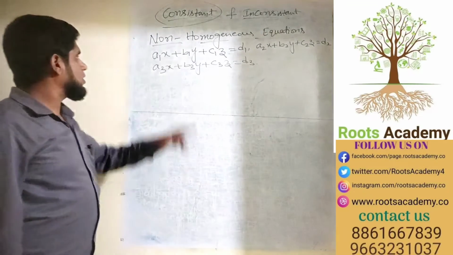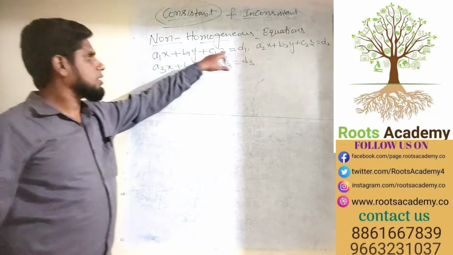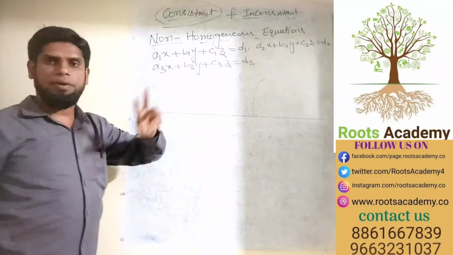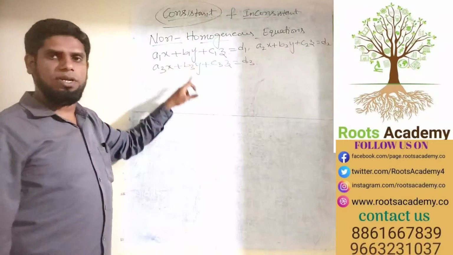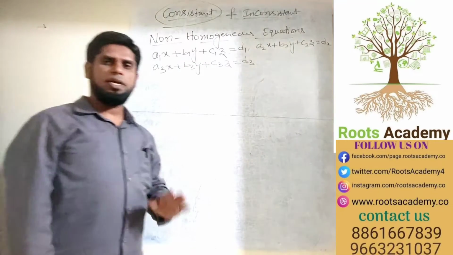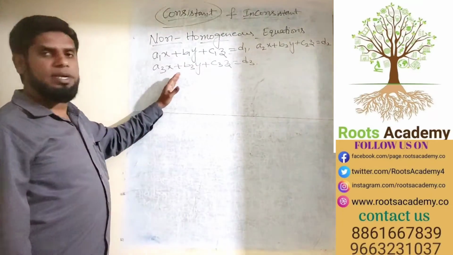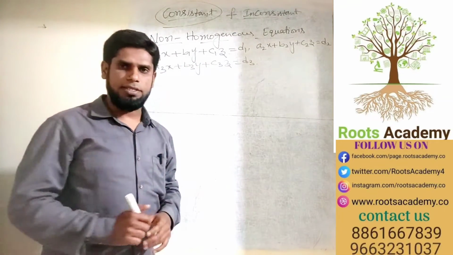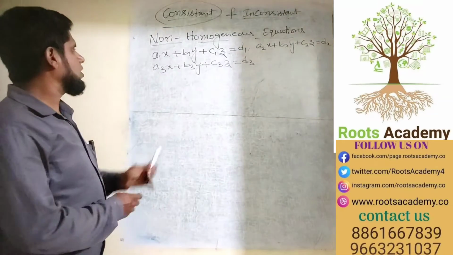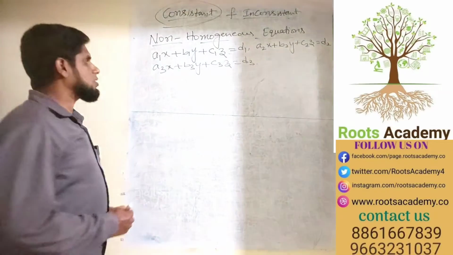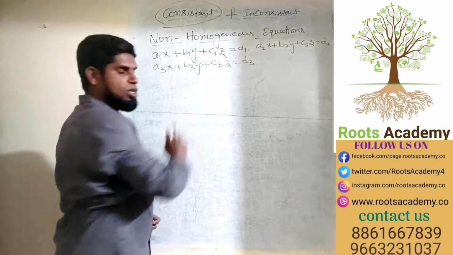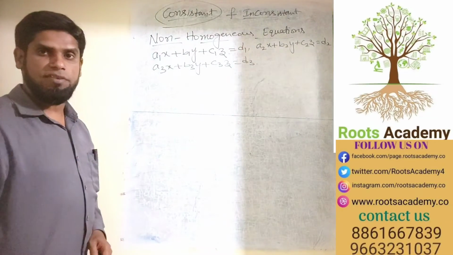Students, here I have taken three variables, so I must take three equations. If I am taking two variables, that is simply x and y, then I should take only two equations, because it is a determinant and we know that determinant means a square matrix. Okay, so three variables means three equations. These three equations are called non-homogeneous equations.